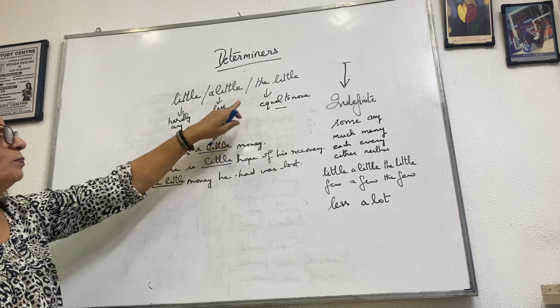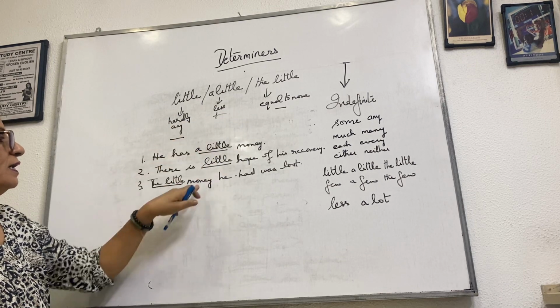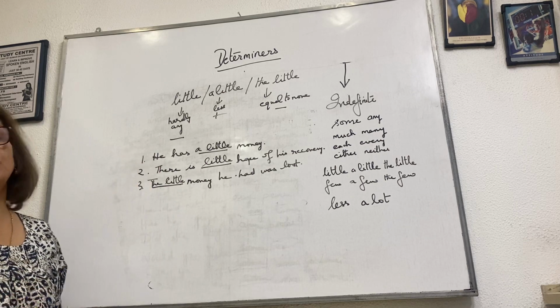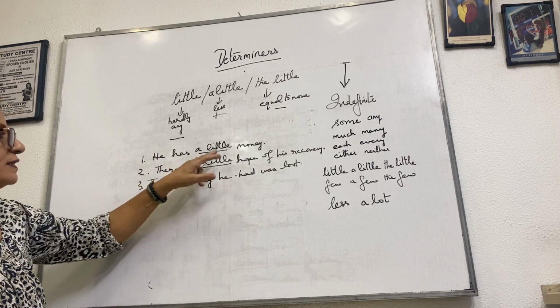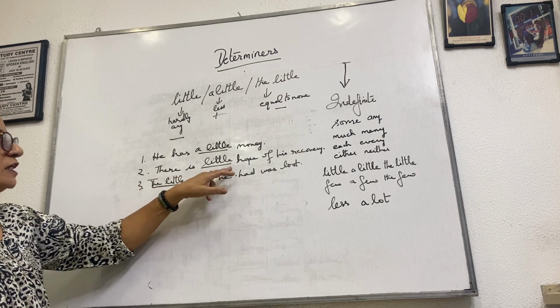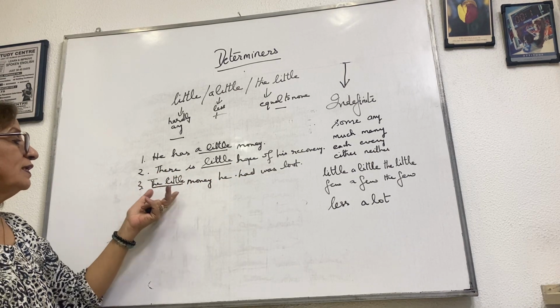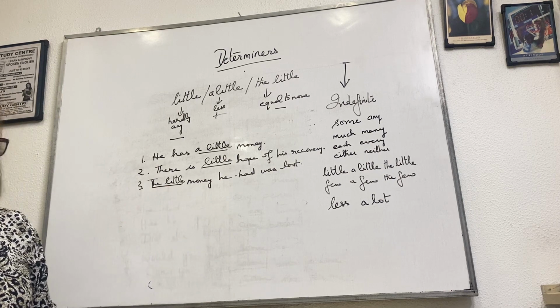There is little hope, equal to hardly any, and the little is equal to none. So he has a little money. There is little hope of his recovery, meaning he is not going to survive. The little money he had was lost.